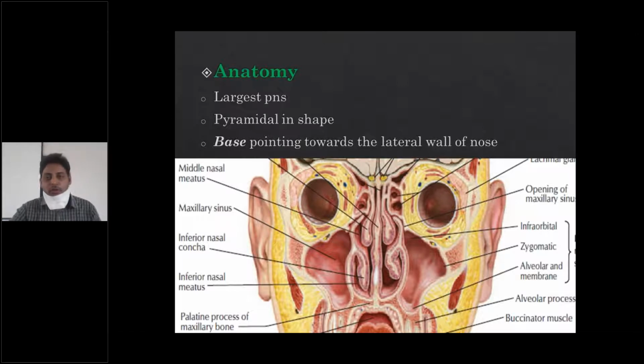You may get 4 options, because the options are obviously fancy, and the examiner wants to give these types of questions, especially on paranasal sinuses, in bits. So which is known as the antrum of Highmore? The answer is the maxillary sinus.